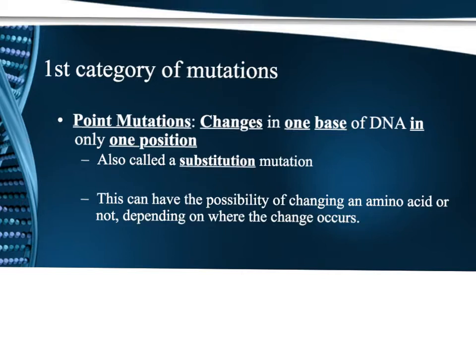So, for example, you can have an amino acid that has a codon of UGG, let's say, and if there's another codon for that same amino acid, if you change one of those bases, you might still end up with the same amino acid even though you changed one of the bases in the codon, and you won't notice anything. It'll just act like the same exact protein.